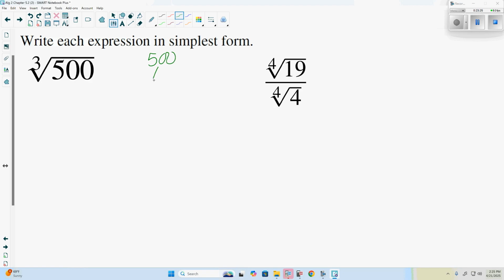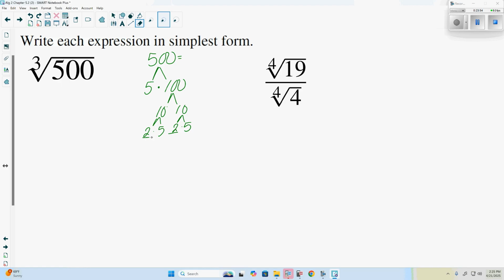All right. Let's do a factor tree. So 100 times what? So 5 times 100. Well, we can do 10 times 10. Well, 10 is what? 2 and 5, 2 and 5.